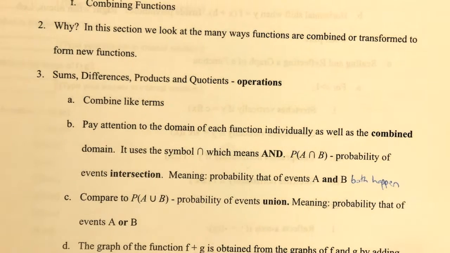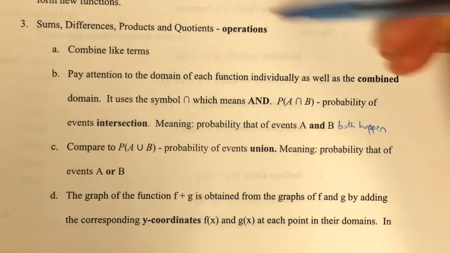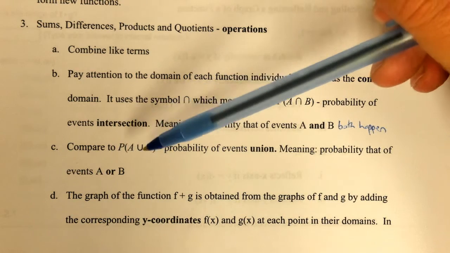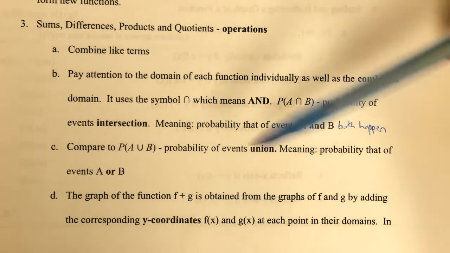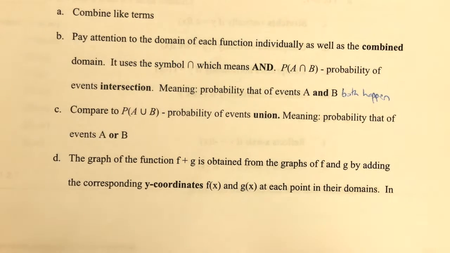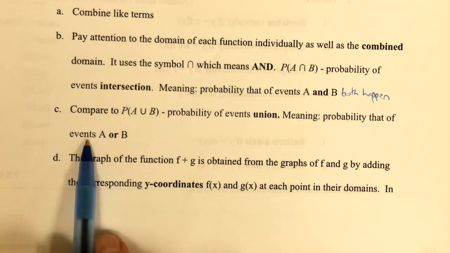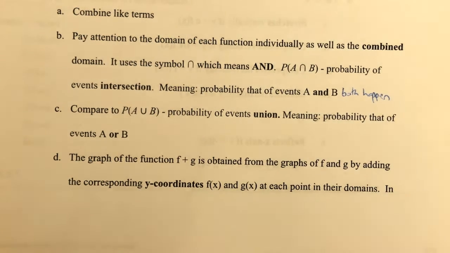So, for example, you have homework and you do it. Ha ha ha. Okay. The next one. Compare to a union, which means either one. Like, you could go out to eat or to the movies. Or you could go here or there.